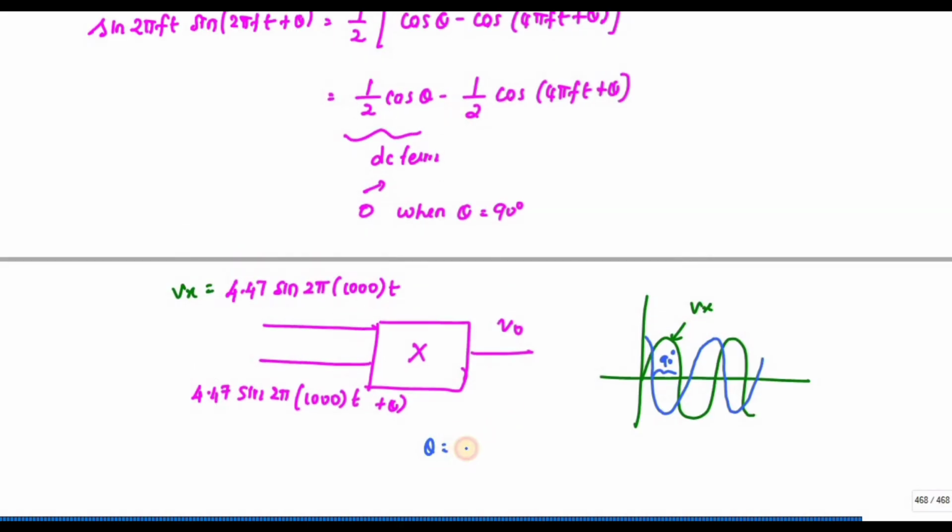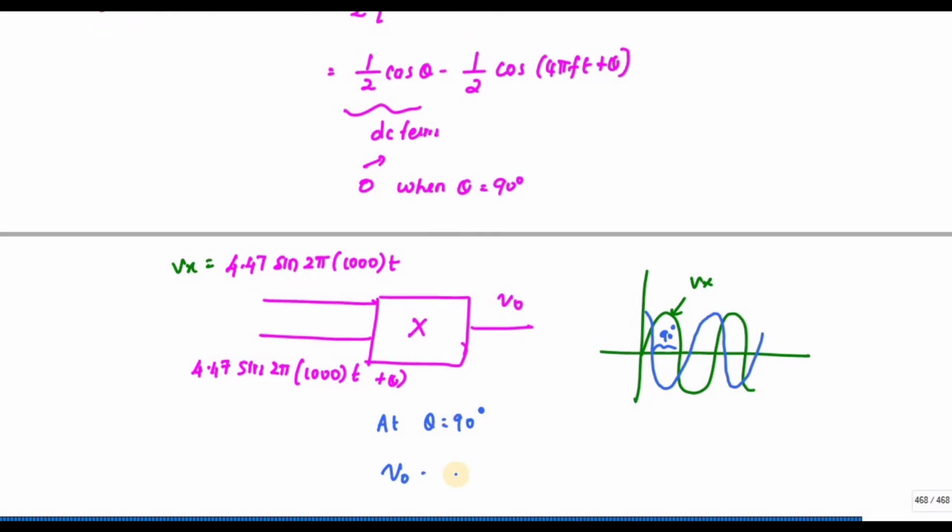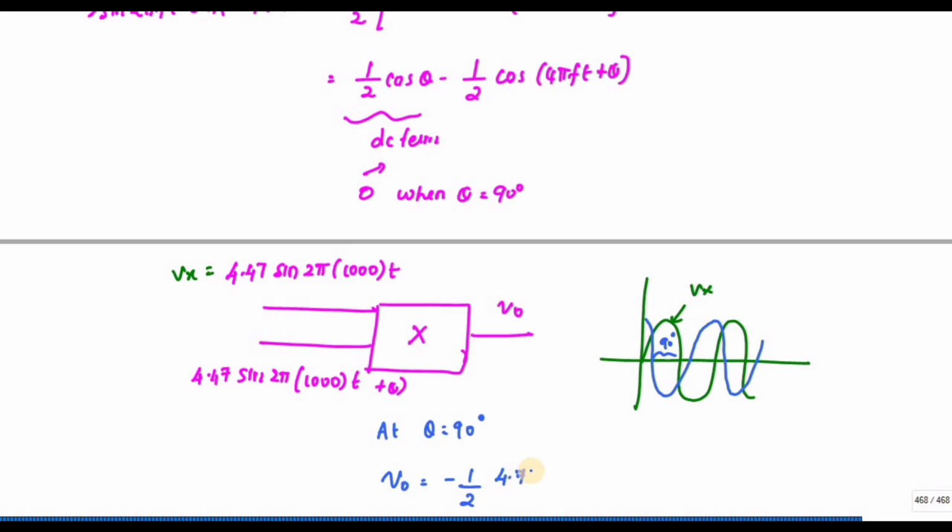At theta equal to 90 degrees, I get the output V naught equal to minus 2 into 4.47, sorry, 4.47 the whole square into cos of 4 pi into 1000 t plus 90 degrees.